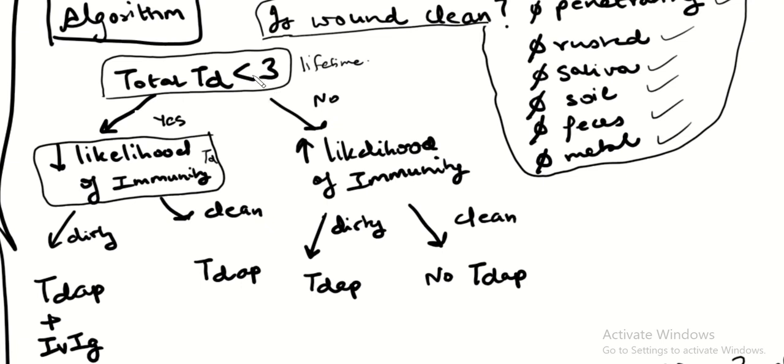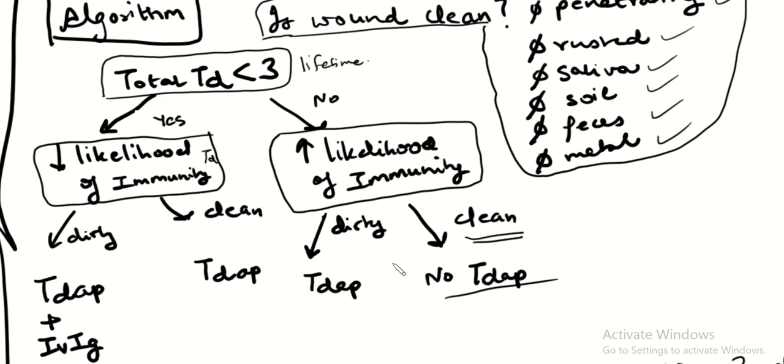If they have received greater than 3 shots of tetanus, then there's an increased likelihood of immunity, right? Good. So if there's an increased likelihood of immunity and the wound is clean, they require nothing. If there's an increased likelihood of immunity and it's dirty, give them a Tdap.